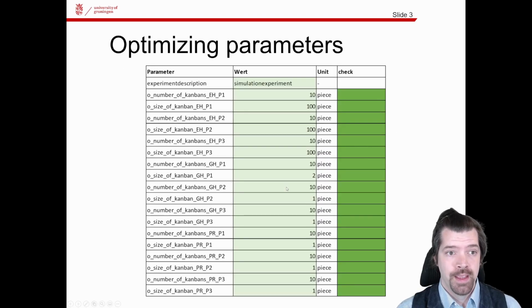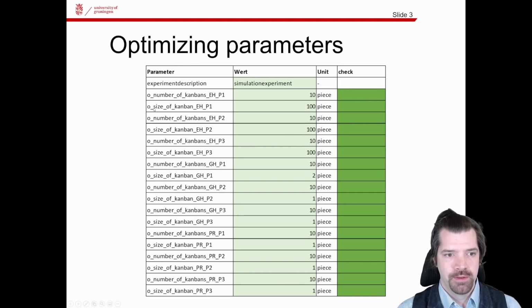So in the following slide, I'm trying to explain the input files a little bit more closely. So we can see here the input files for the simulation run itself, for the simulation experiments. You can see here all possible Kanban parameters within that model. We see here the number of Kanbans for the retailer.